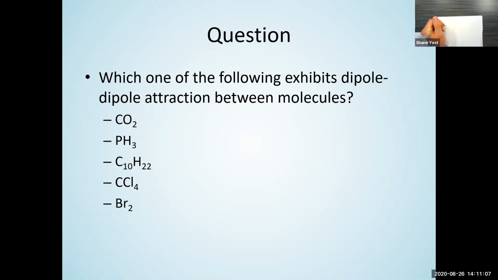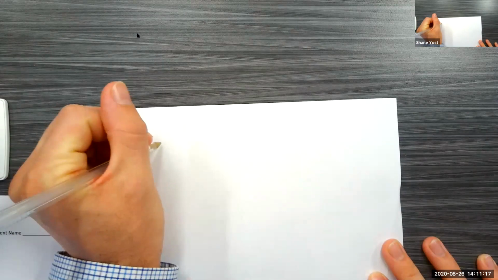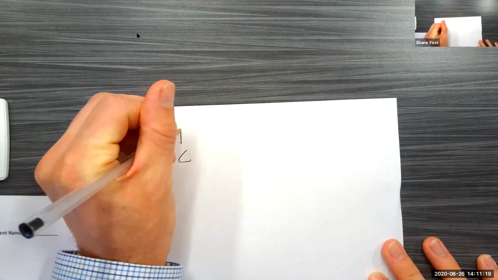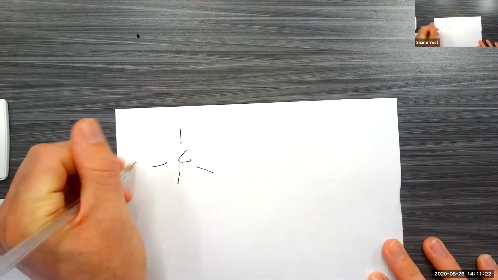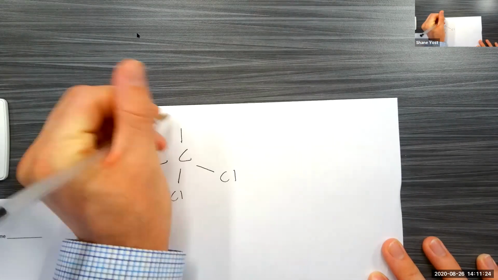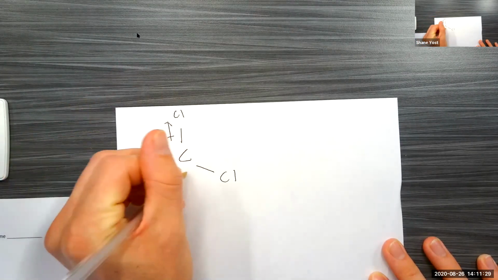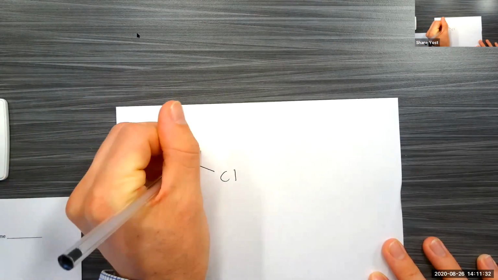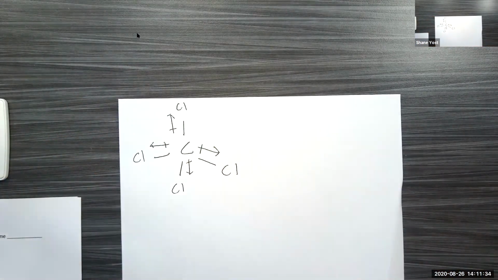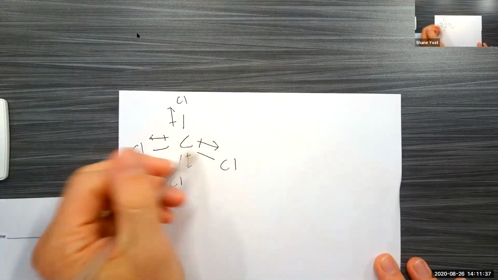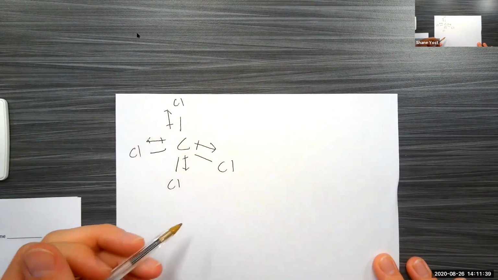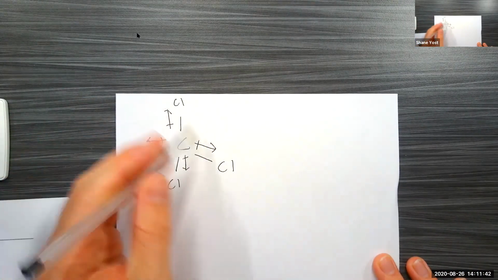I'll draw it out here. You have these polar bonds where electrons are being drawn to the chlorine from the carbon, just how I'm drawing these arrows. But those arrows all point in opposite directions and cancel each other out. And so this won't have any net dipole.